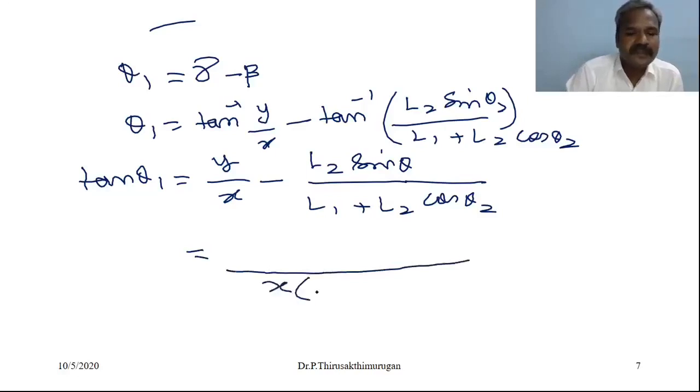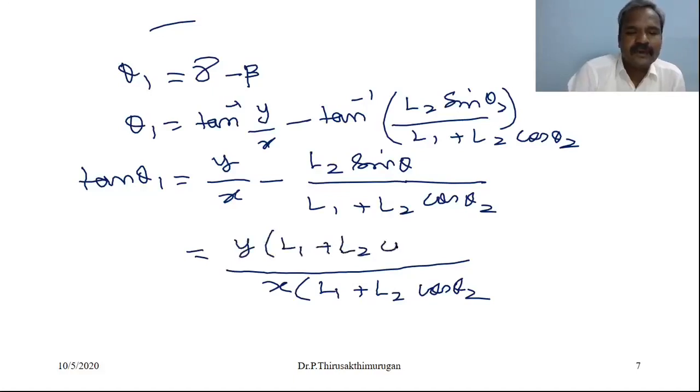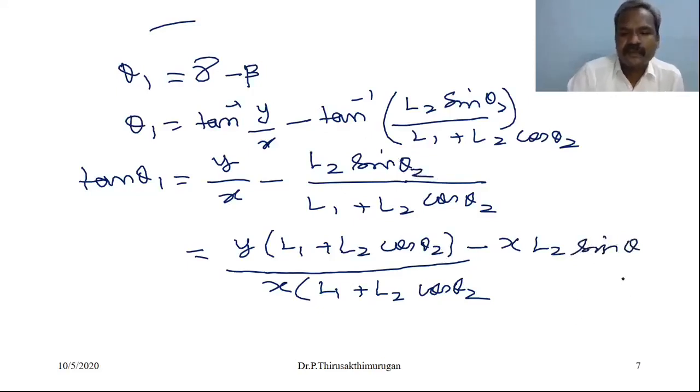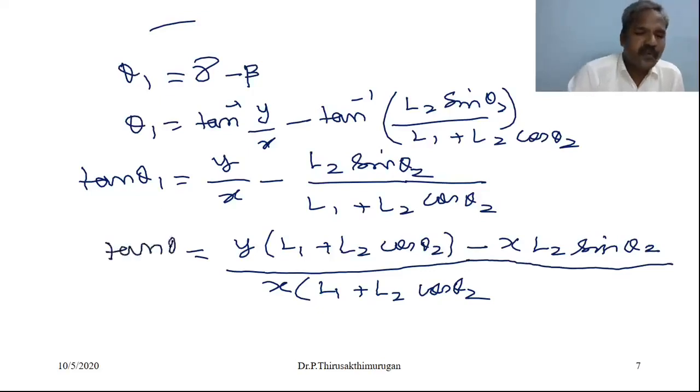Take LCM L1 plus L2 cos theta 2. The numerator is y multiplied by L1 plus L2 cos theta 2 minus x L2 sin theta 2. So this is the inverse kinematic solution for theta 1.